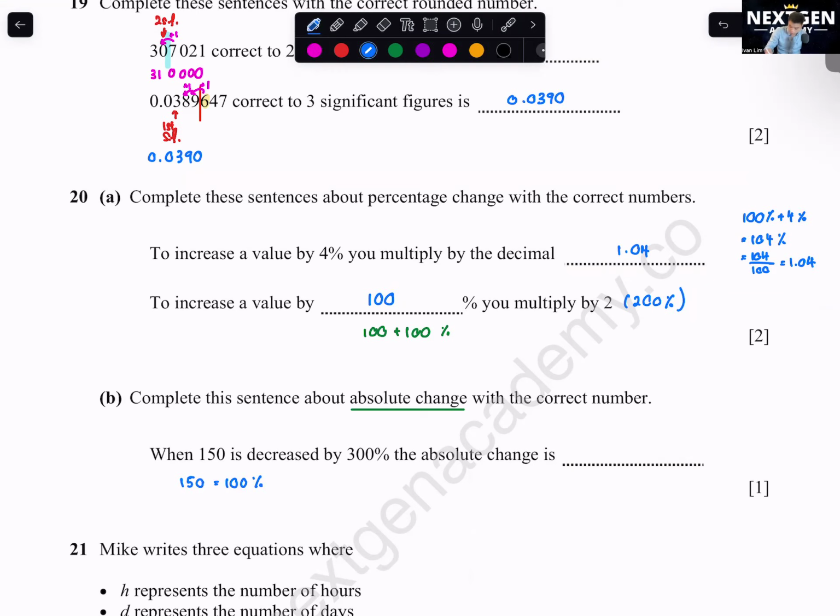We write the other way around. 100% is equal to 150, because this is the original value. So if it's decreased by 300%, 300% means we multiply this by 3, and this one also multiply by 3. So we will get 150 times 3, which is equal to 450.